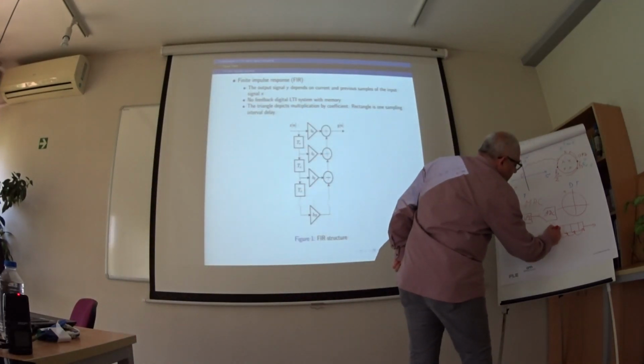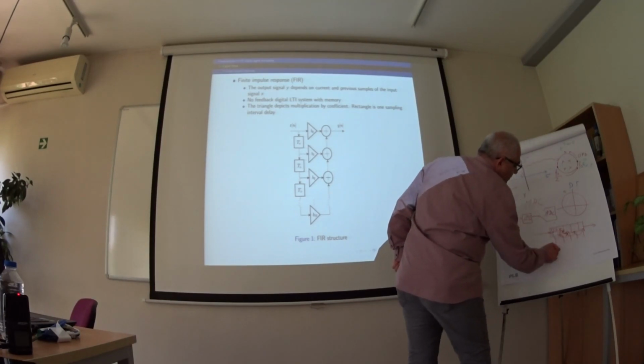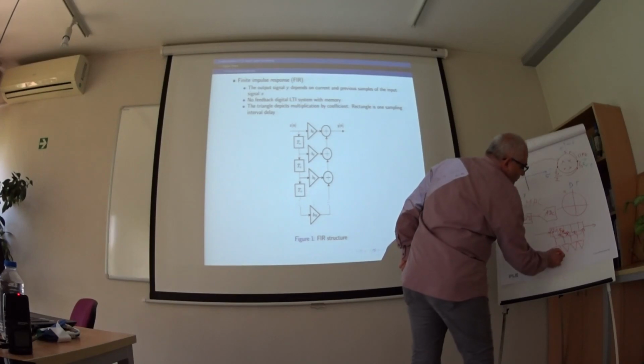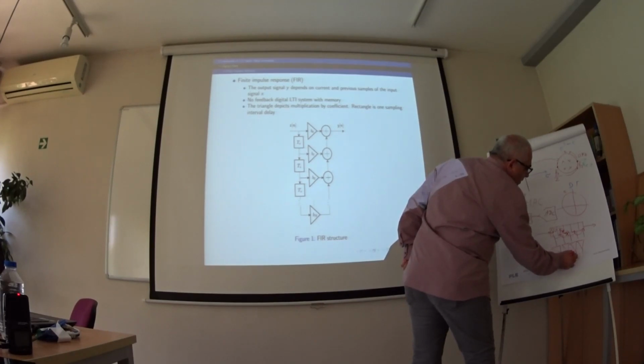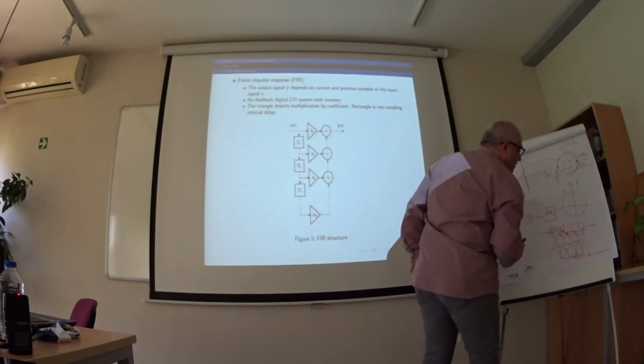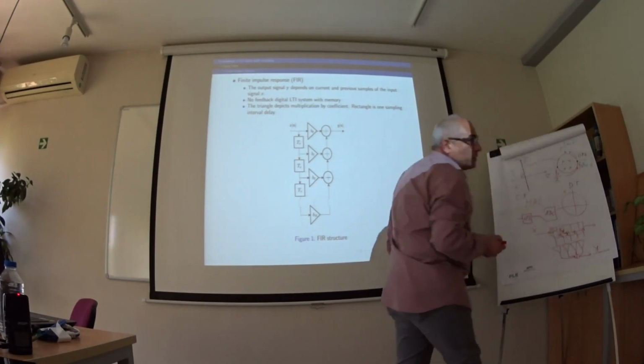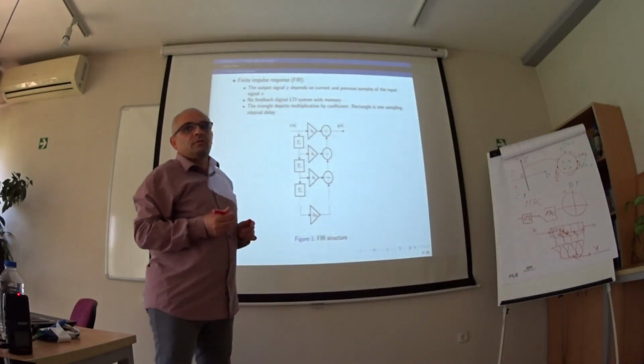Let's say here is x of n, here is x of n minus 1, and so on. We multiply by coefficients and we make addition, and here is the output. Here is the input, here is the output. Just a different point of view.